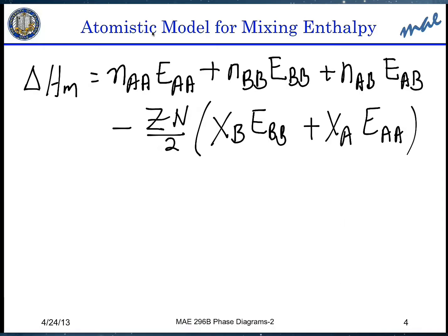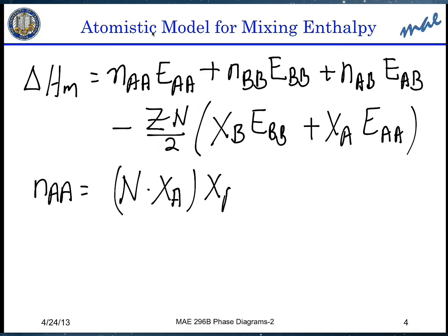So, for example, the NAA is going to be, I have N atoms and I have X sub A, so this is the number of A atoms in the mix. And each A atom, I'm looking for the guys that are similar to me in the surrounding, and their fraction is X sub A. So it comes out to be like this. And I have a coordination number.